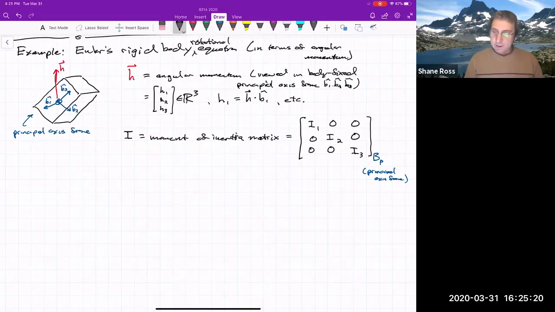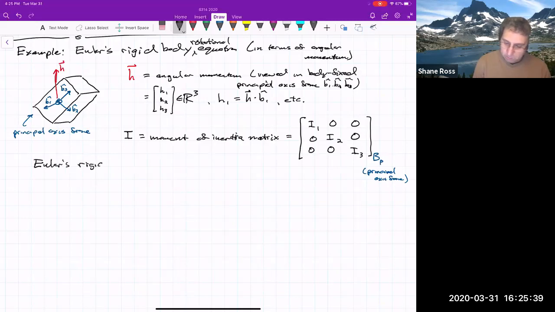Okay, usually in intermediate dynamics, we would write Euler's rigid body equations in terms of the angular velocity, but I'm writing it in terms of angular momentum.